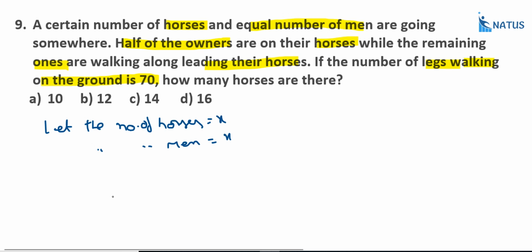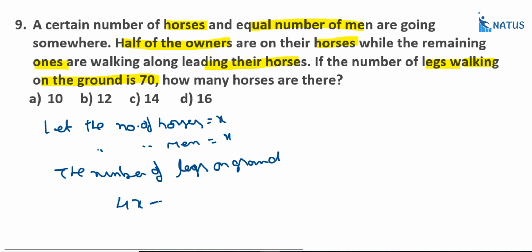Next, the number of legs on the ground. The number of horses is x. So how many legs are there? That is equal to 4x. Next, the number of legs per person is 2. And only half of the men are walking and half of the men are on the horses, so we take x by 2, right?